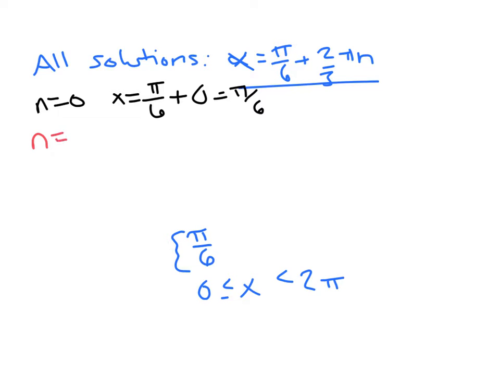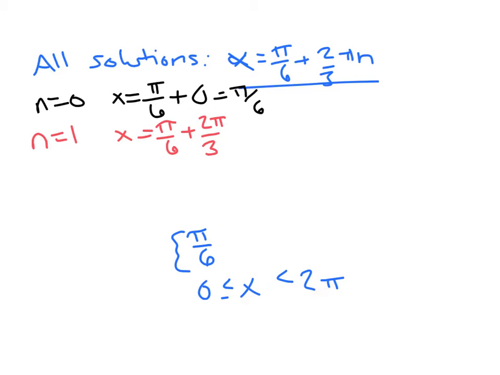We want to see if there are any more solutions. So let's just increment that in. So say n equals 1. Then x is pi over 6 plus 2 pi over 3 times 1. We just want to see if, when I add 2 pi over 3 times 1, that still fits in this interval.